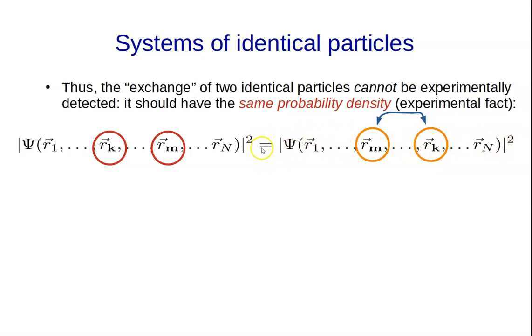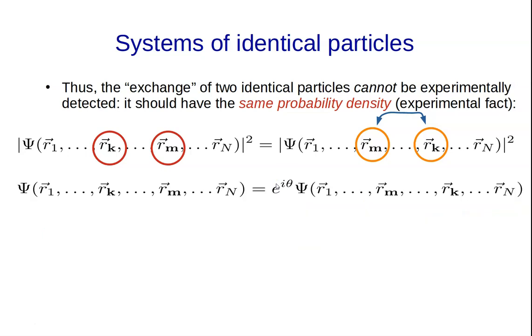It means that they have to be equal. If they are equal, it means that the actual wave function has to be the same up to a global phase, right? The absolute value squared is the same, so they can differ from each other only by a global phase.